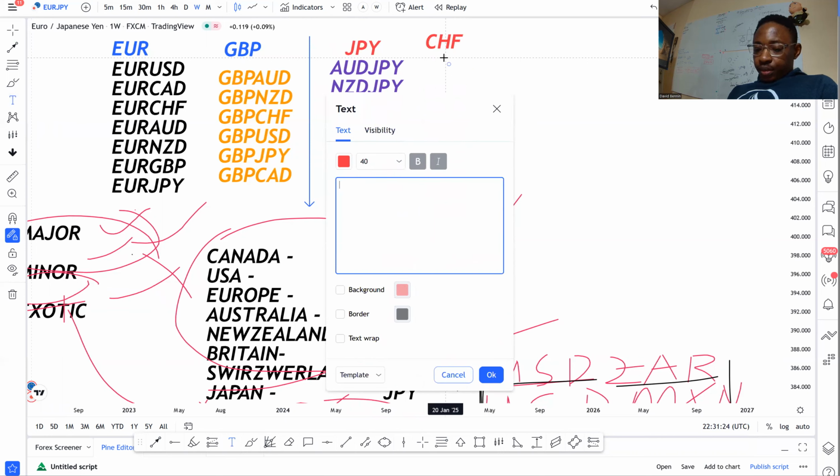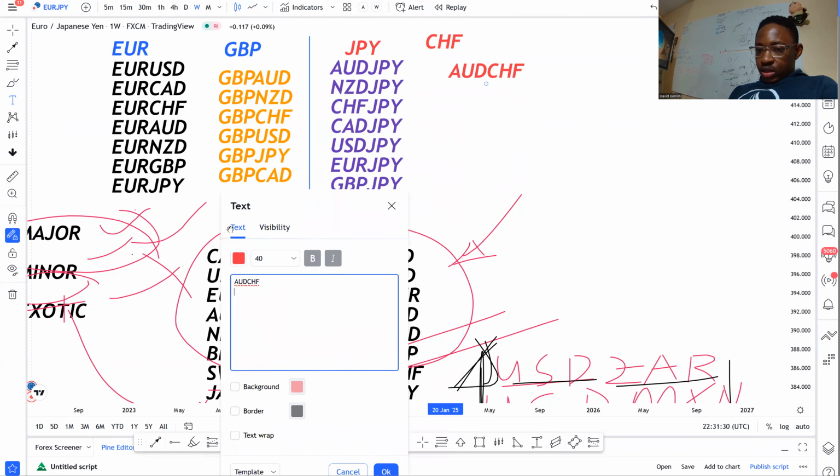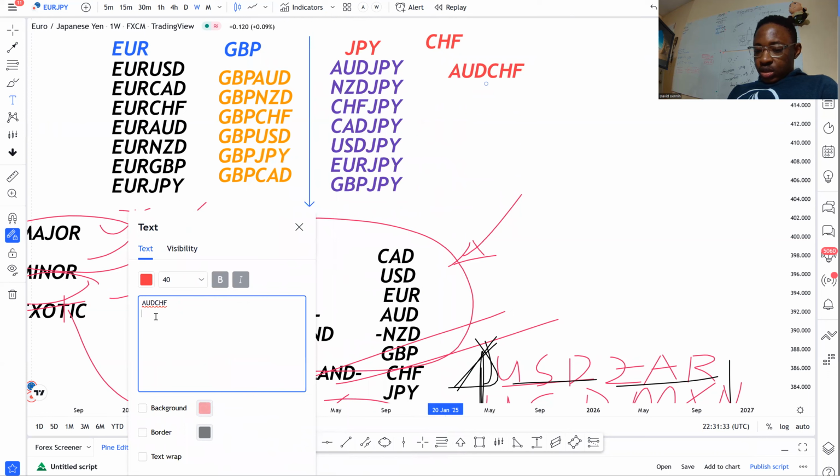So we have AUD, Swiss franc, NZD, Swiss franc, CAD, Swiss franc, USD, Swiss franc, Euro, Swiss franc, Pound, Swiss franc.